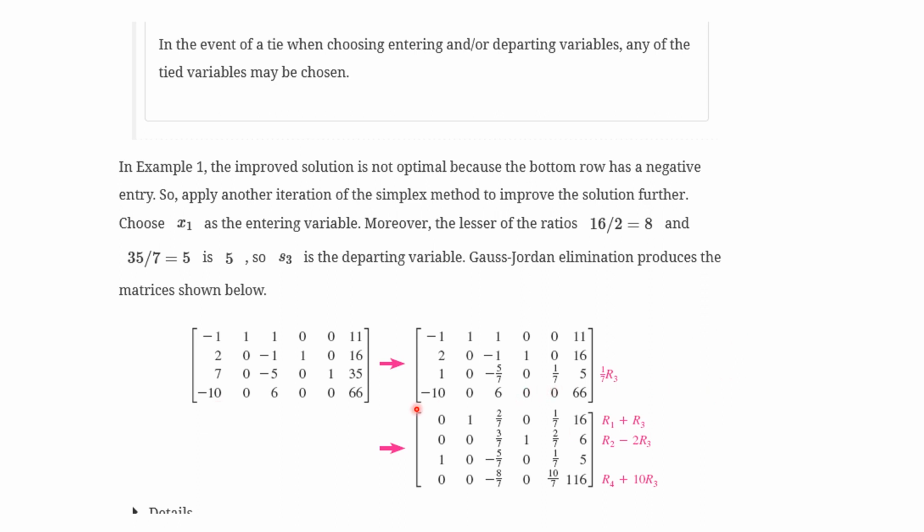And when I start looking at the ratios, in this case, it's 16 over 2, which is 8. And this one is 35 over 7, which is 5. And so this time S3 leaves, and this is how I eliminate S3.